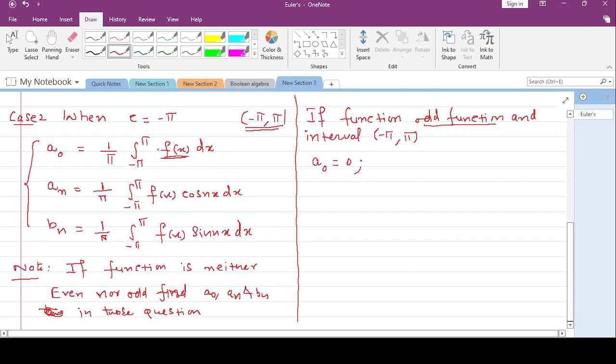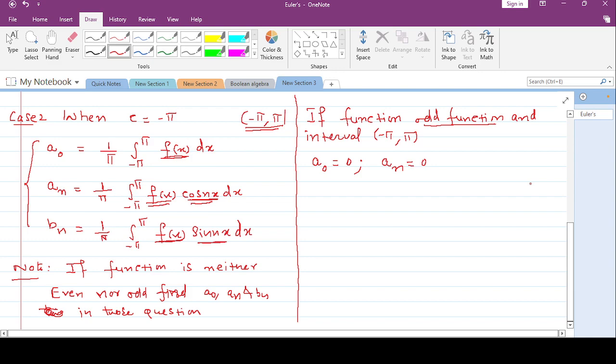Now this function is an odd function, and cos is an even function. So odd into even is an odd function, so the value of a_n is also 0. But as your function is odd and sine is also odd, odd into odd is an even function.